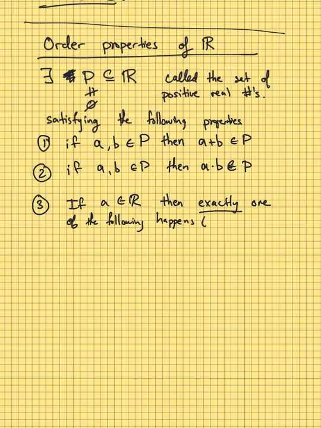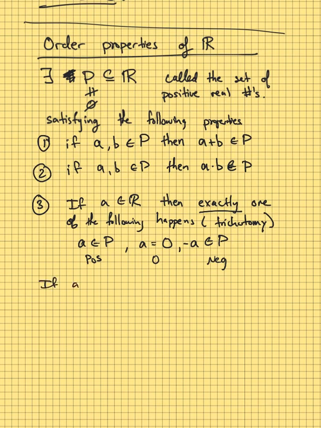Okay, so there's going to be three possibilities, so people call this a trichotomy, to mean there's three possibilities and one of them has to happen. So the first is that A is in P, okay, that's the positives. The other is that A could be 0, and the last possibility is that negative A is in P. Okay, so these are like the negatives, 0, and the positives.